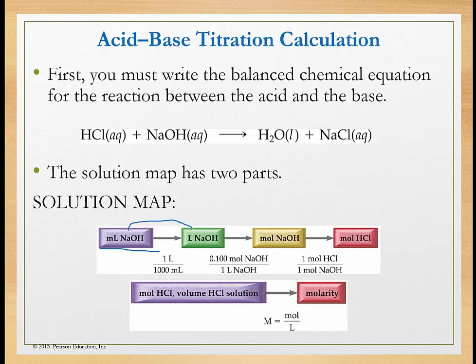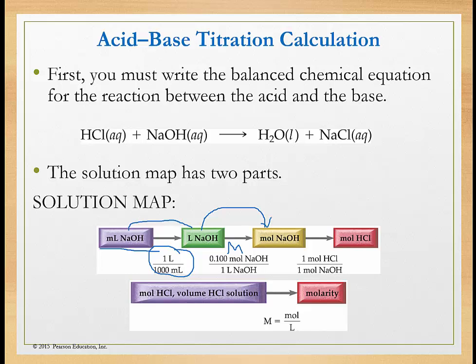Molarity is moles per liter. So I convert right here from milliliters to liters. When I know the volume of sodium hydroxide in liters, now I can take the molarity that I have right here, 0.100 moles for every 1 liter, and I can multiply that by the volume. Liters cancel out, and that leaves me with how many moles of sodium hydroxide it took.